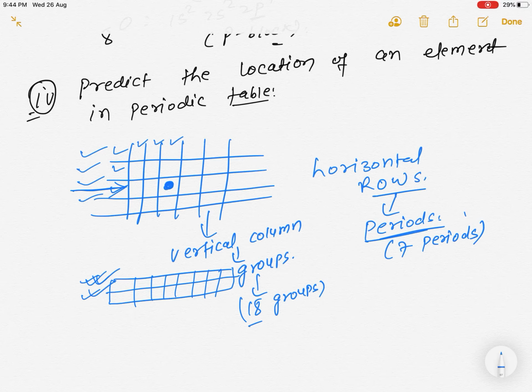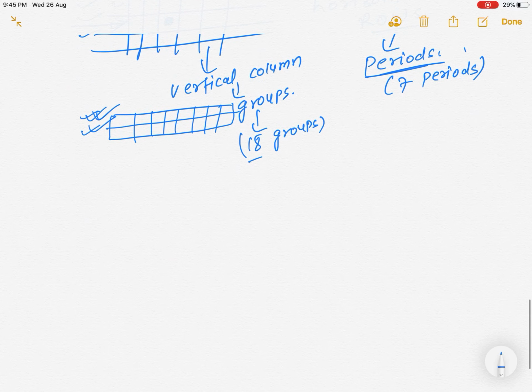So all the information you need to locate an element in the periodic table is the period number and the group number. So predicting the location of an element is all about finding the group number and the period number. Let's see how we find them.